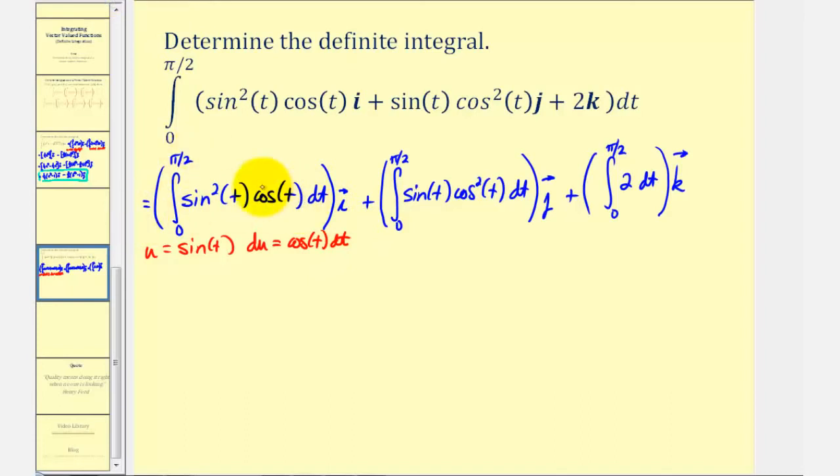We can write this in terms of u as the integral of u squared, and then because cosine t dt is equal to du, this is just du, which means the antiderivative in terms of t would just be u to the 3rd divided by 3, or sine cubed t divided by 3.